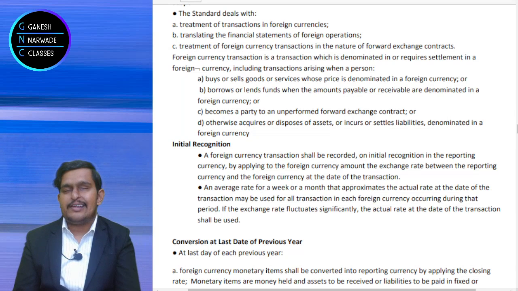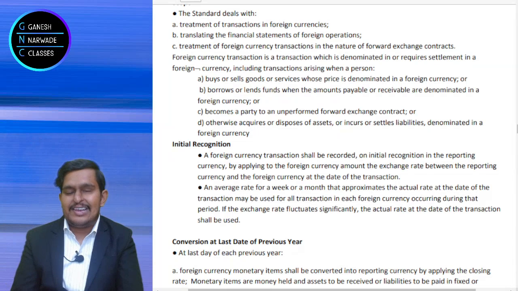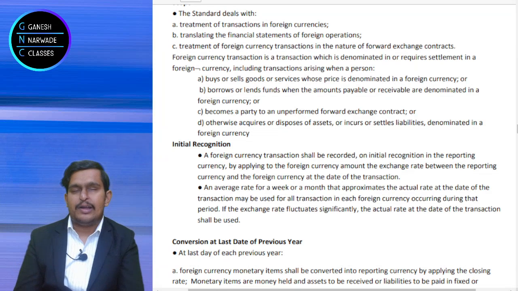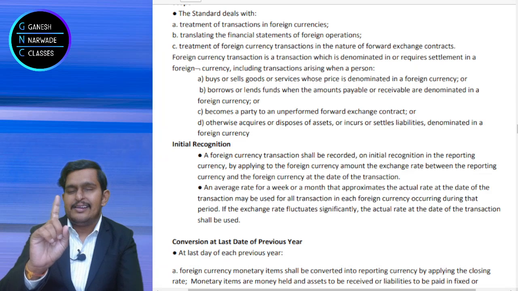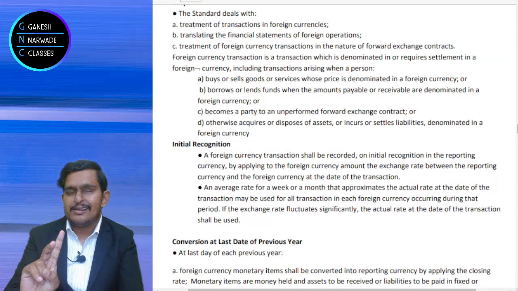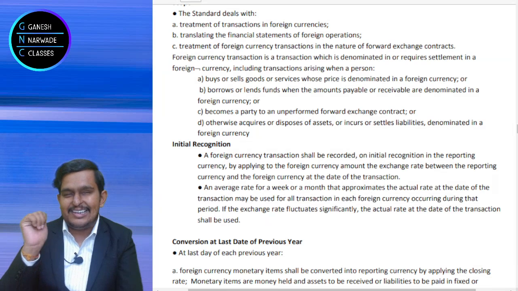So that's what we said in the scope: translating the financial statements of foreign operations. So scope includes three things. The first two I already said. First one, transactions in foreign currency. Second one, translating financial statements of foreign operations. Third one, forward exchange contracts, whose meaning I already discussed.